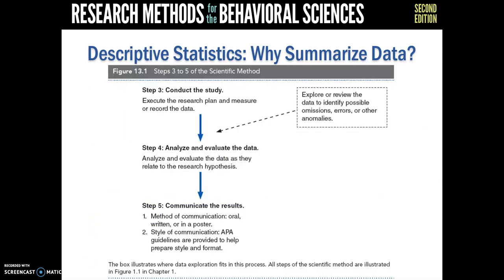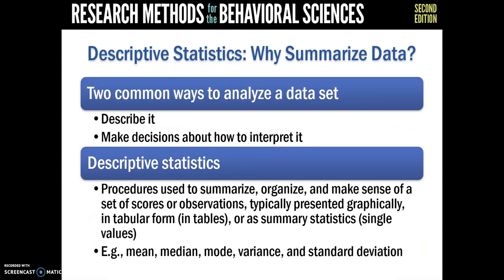Descriptive usually is describing it, and you could see here what's included in descriptive: all the normal stuff you first learn in your statistics class, your mean, median, mode, variance, and standard deviation.